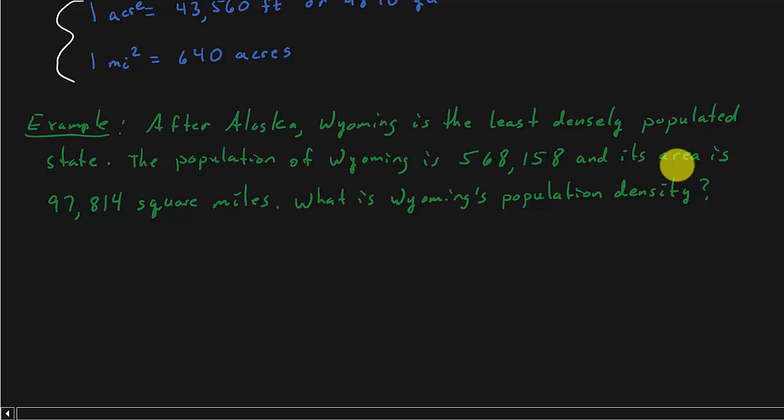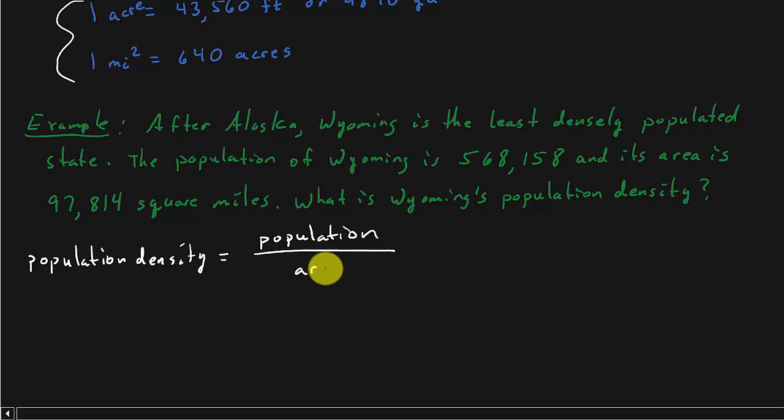Let's work the problem out and then I'll explain what it means. The population density is equal to the population divided by the area.